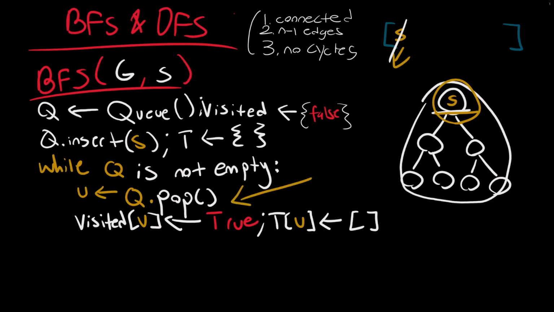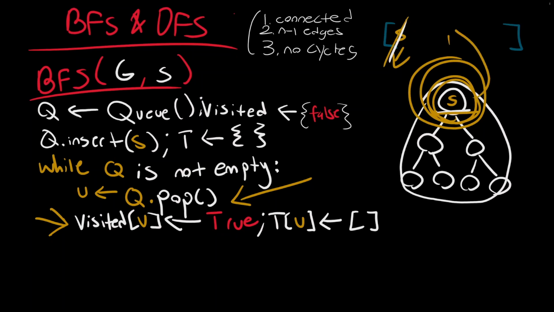We're popping out U, so we're taking it out of the queue. We're saying that we just visited it, so we can't put it back into the queue. And we're updating our tree so we can have a nice tree to end things off. So all that was just to pamper the thing being taken off the queue.